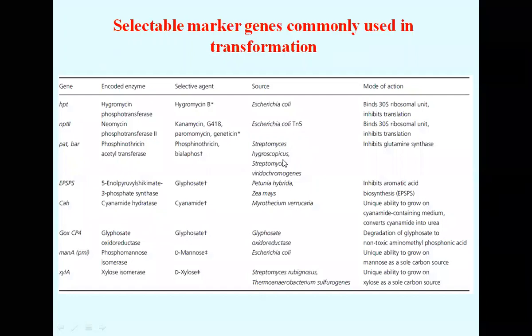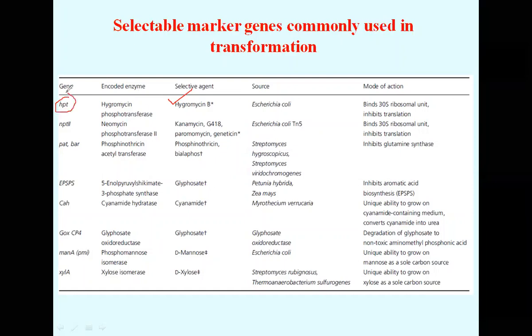Now this table gives you some of the very commonly used selective agents. For example, as I said, hygromycin is one. What does it do? The gene for this is HPT.